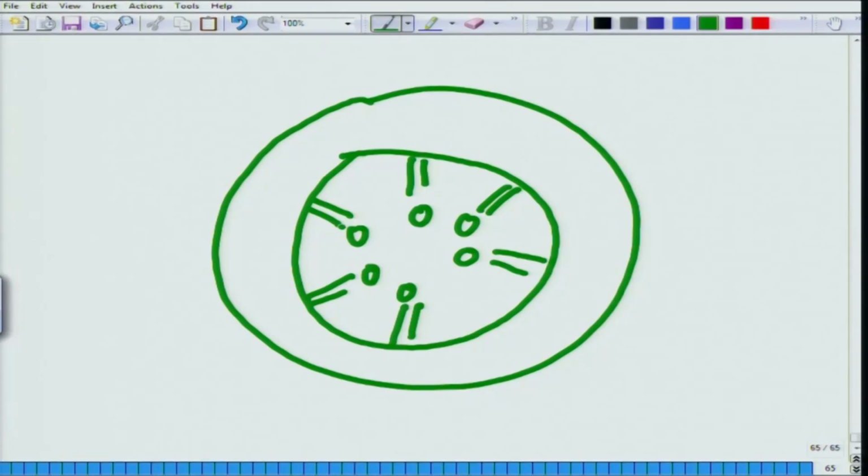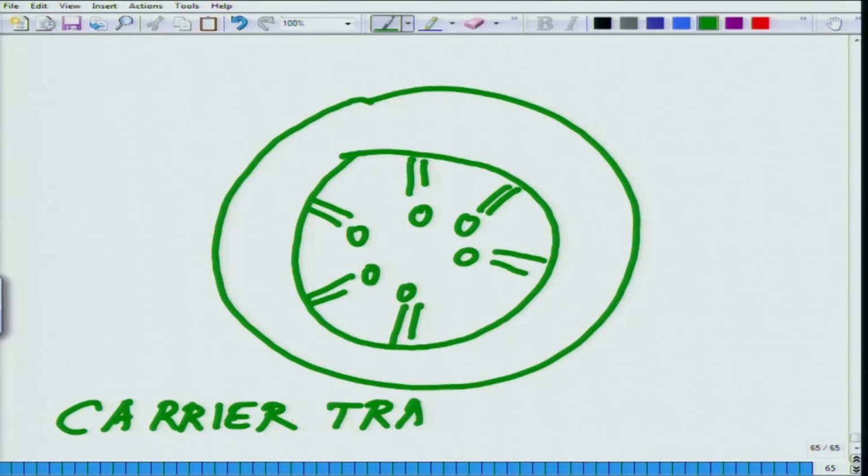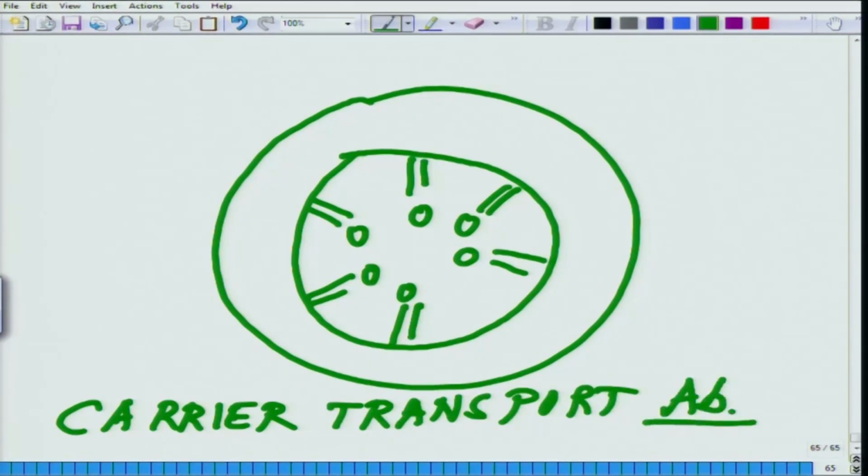So, this is called a carrier transport antibiotic. I am just putting a short form of antibiotics as AB, so that you will understand.